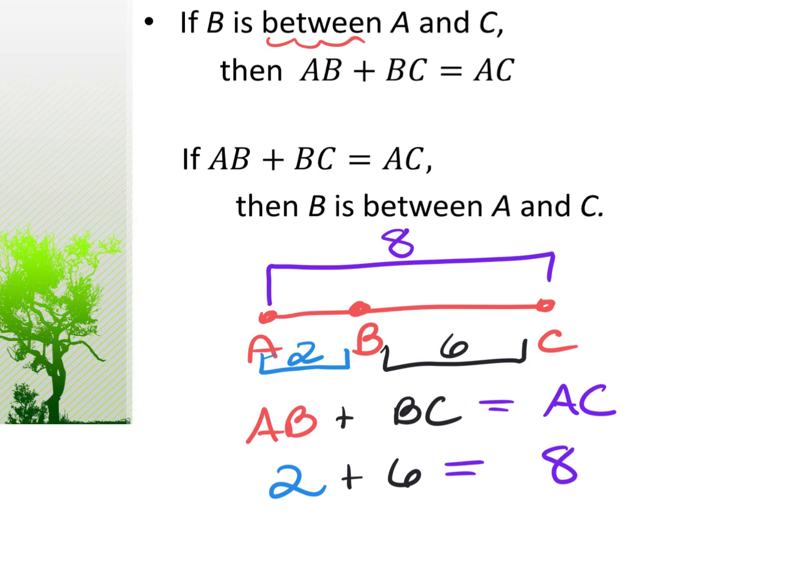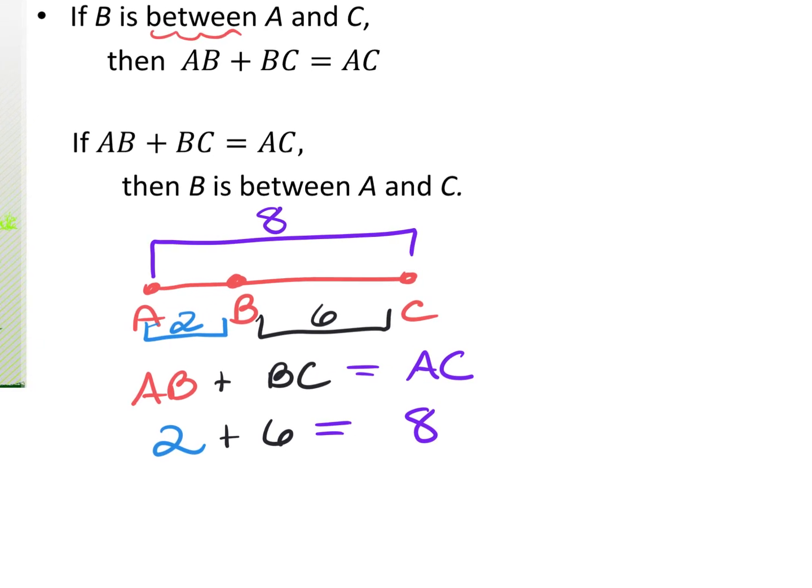Now I could also work backwards. So let me write another example here. Let's say I have another segment. Now it's not always going to be A, B, C. It could be different letters. It could be X, Y, and Z. But notice Y is in between now.